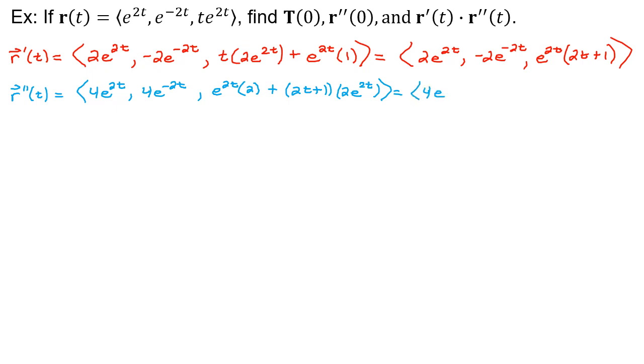So I'll have a 4e to the 2t, a 4e to the negative 2t. And again, there's an e to the 2t in common if you'd like to factor it out. And what you'd be left with is a 2 and a 4t and a 2. Or if you wanted to, you can simplify that to 4t plus 4.